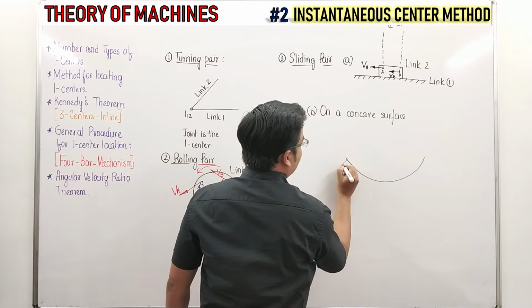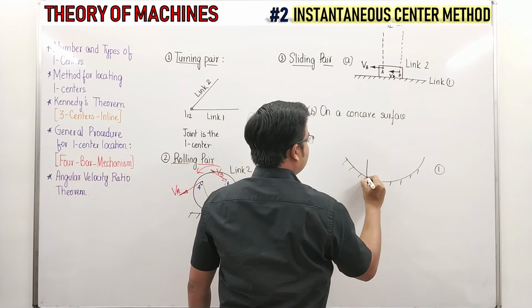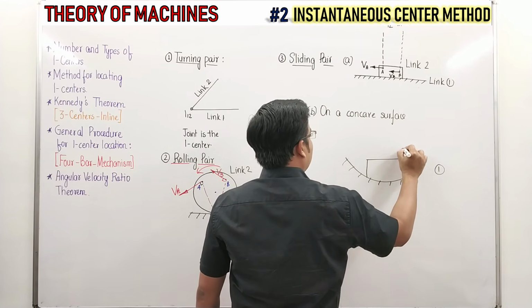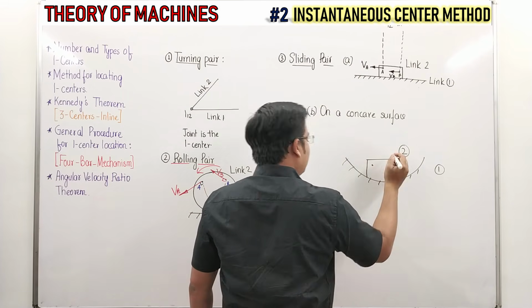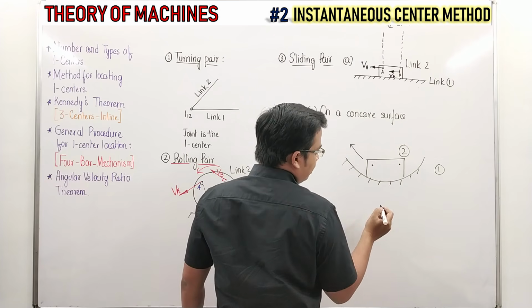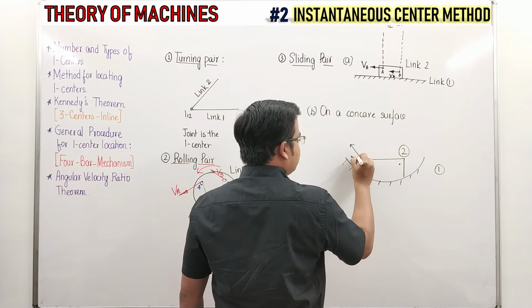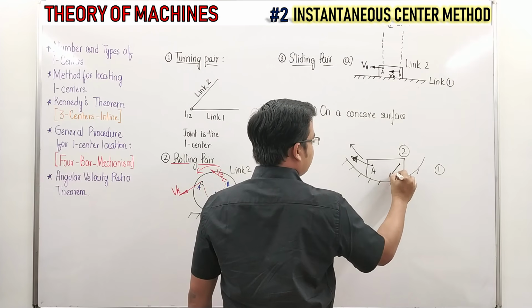Surface is something of this sort. Let's call this link 1, and above this there is a body. Let's call this link 2, and now let me make 2 points, and let's say this is traveling in this direction. This is the direction of velocity of one point, let's say A, and this is the direction of velocity of another point, let's say B.